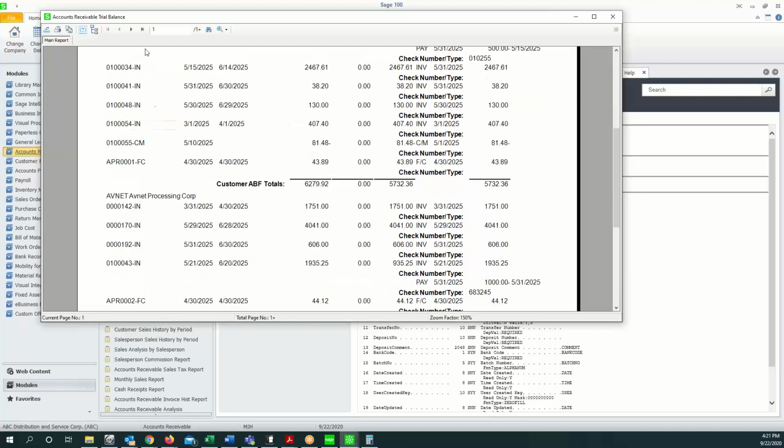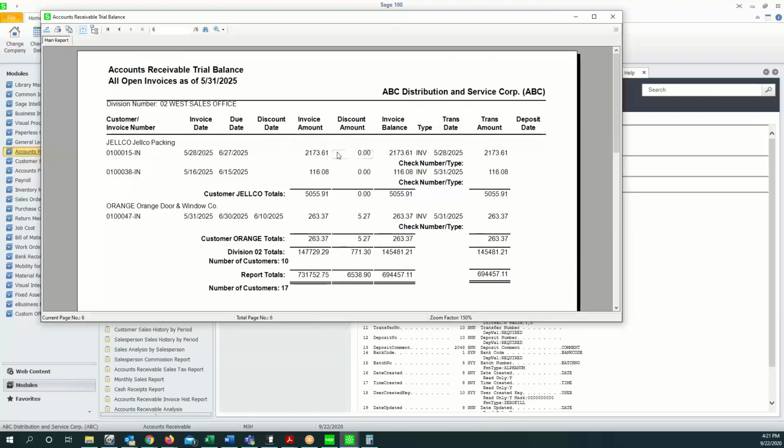And as we go through and we look at the balances here, I can see a lot of information about invoice amounts and discounts and whatnots, but the fields that I'm really most interested in are the invoice balance and the transaction amounts, where I get some idea of what's going on.